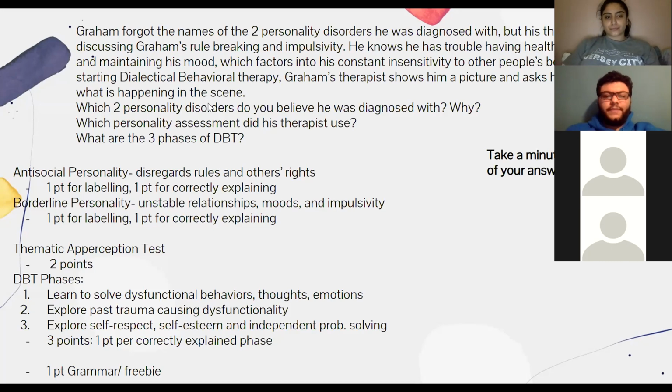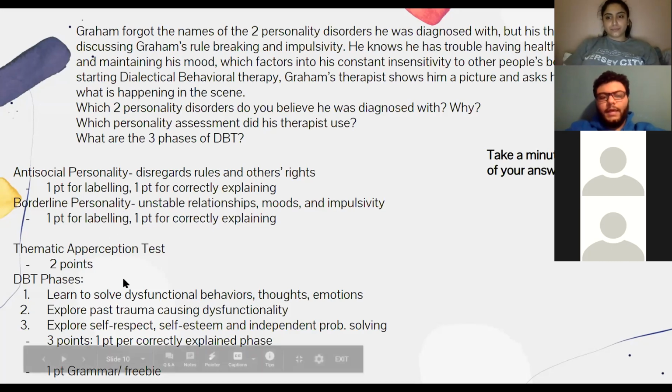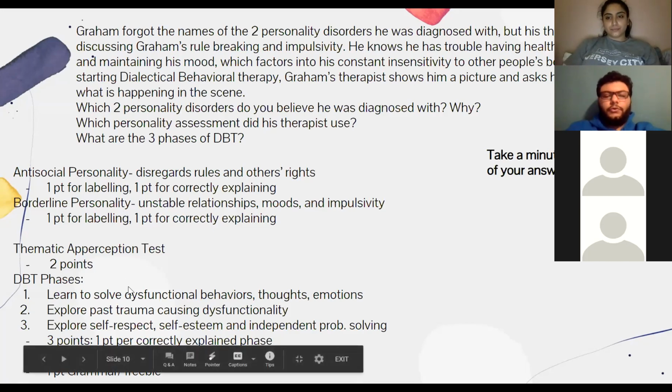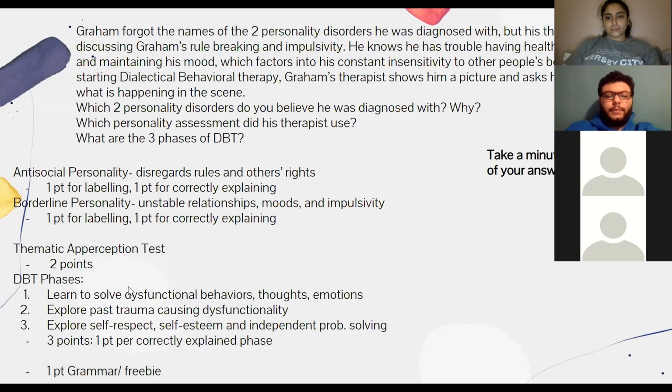DBT would be a specific type of therapy, which generally is better for personality and mood disorders. But again, therapy, you don't necessarily have to have a disorder. And then just to try to remember the three phases of DBT. Okay, okay. Thank you. No problem.